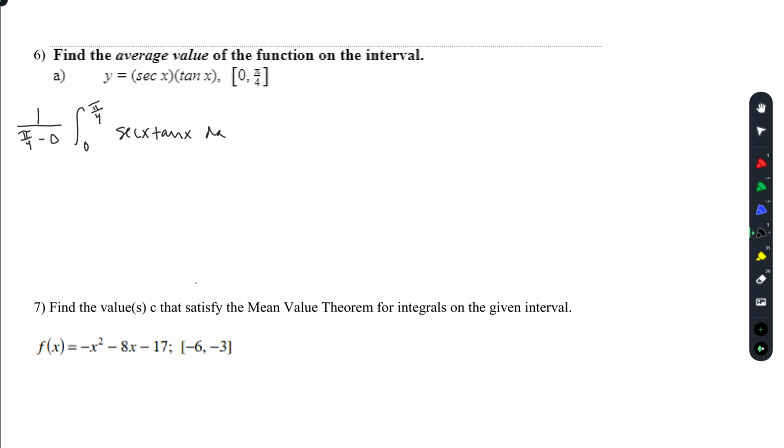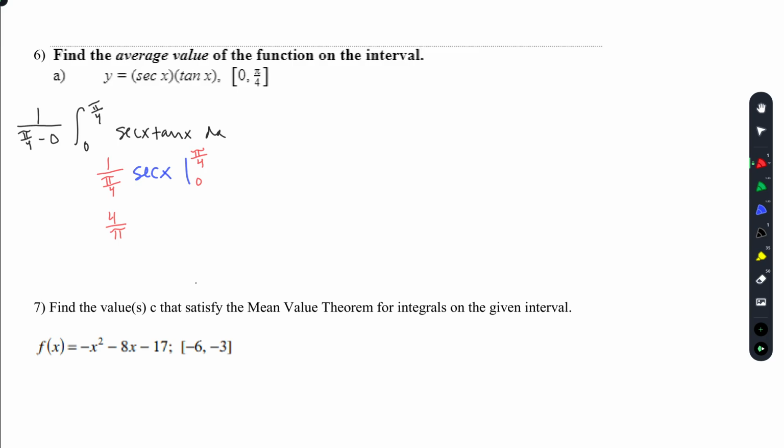That's the formula for average value. People forget secant tangent, maybe. Do you know the antiderivative? Secant. Close, kind of, but not. So you're going to go secant x from 0 to pi over 4, and then do your trig. 1 divided by pi over 4, just write it as 4 over pi for your sanity.